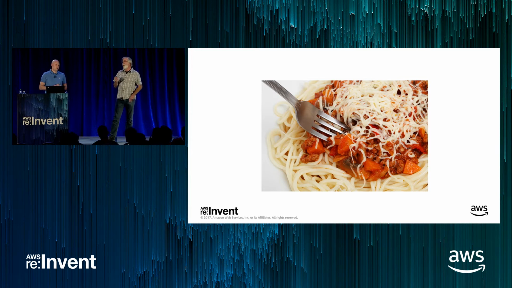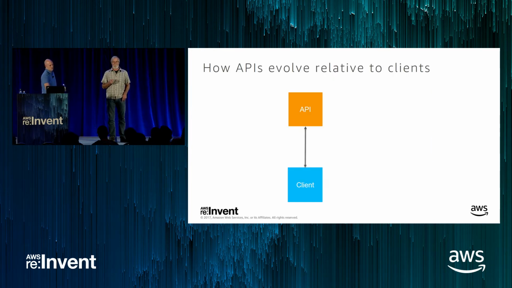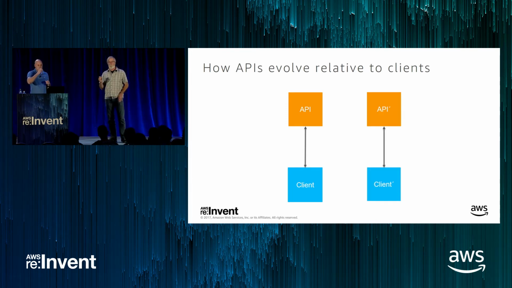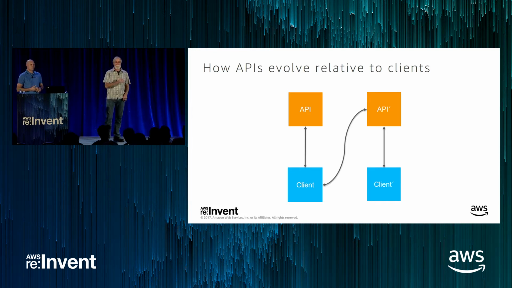So if we want to avoid that situation and not have multiple versions of our service, we can start out with our initial version of our service. And then instead of having V2, I represent this with API prime. This is just our API with new features. And if the API is backwards compatible and the client is forwards compatible, then the old client can talk to the new API and pretend that the new features don't exist.